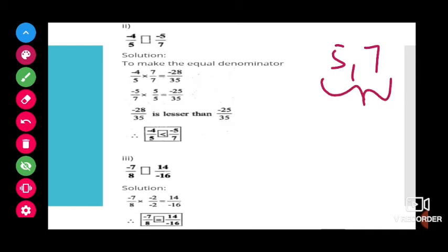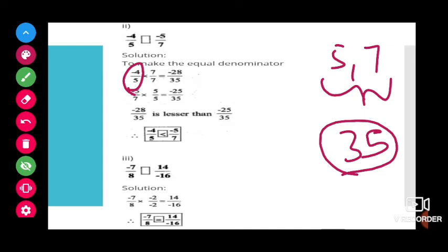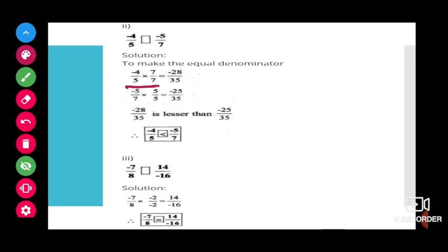Both also prime numbers. If you will take the LCM also, 35 you will get. So automatically 4 by 5, to get the 35 as a denominator, what should be multiplied? 7 by 7. 5 7s are 35, no? So minus 4 by 5 into 7 by 7, we will get minus 4 7s are 28, 5 7s are 35.